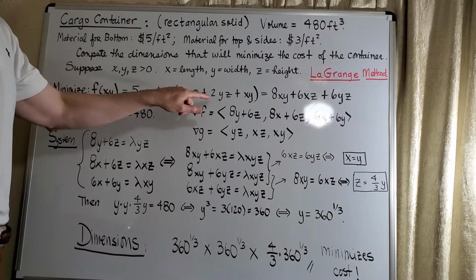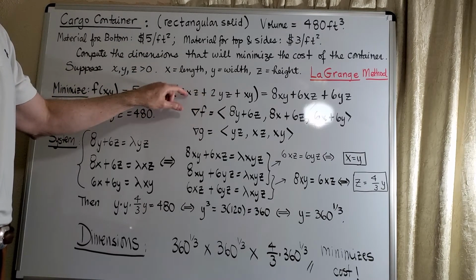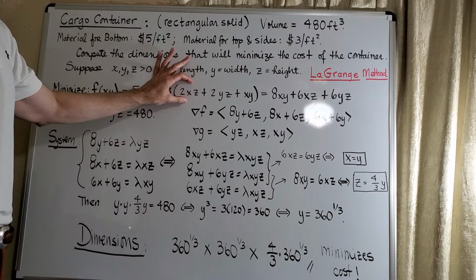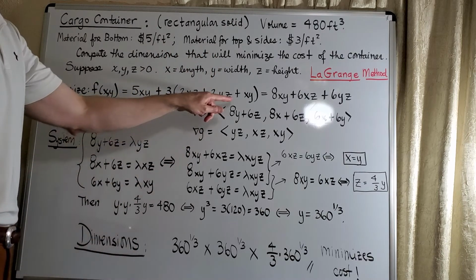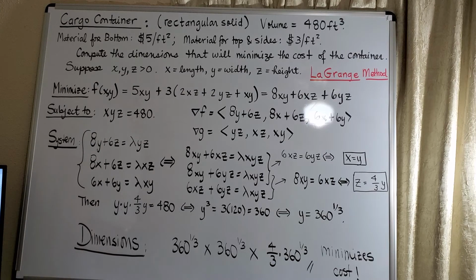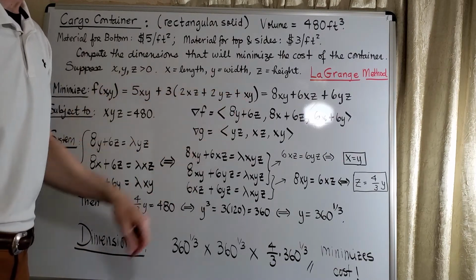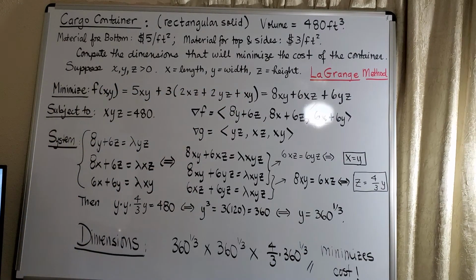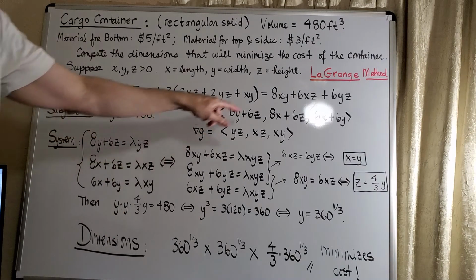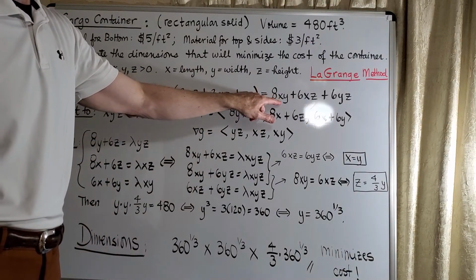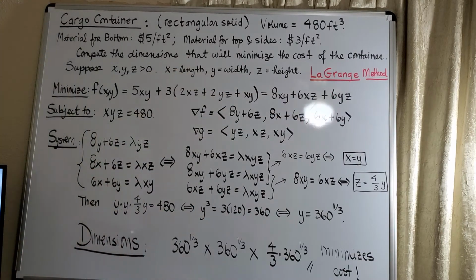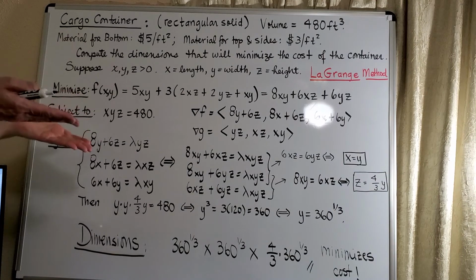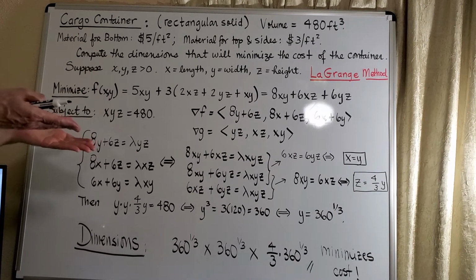Two sides will have area xz and two sides will have area yz, and we multiply both of those by 2. The top just has the area xy, only one of those terms. When you collect terms, you get 8 copies of xy, 6 of xz, and 6 of yz.